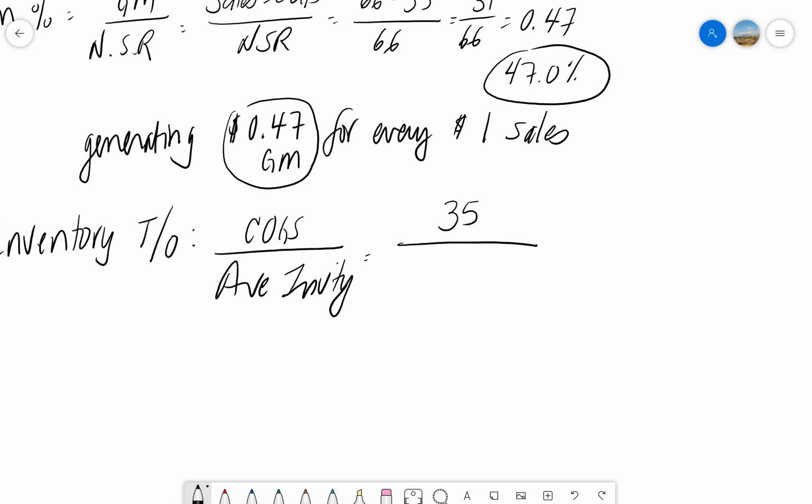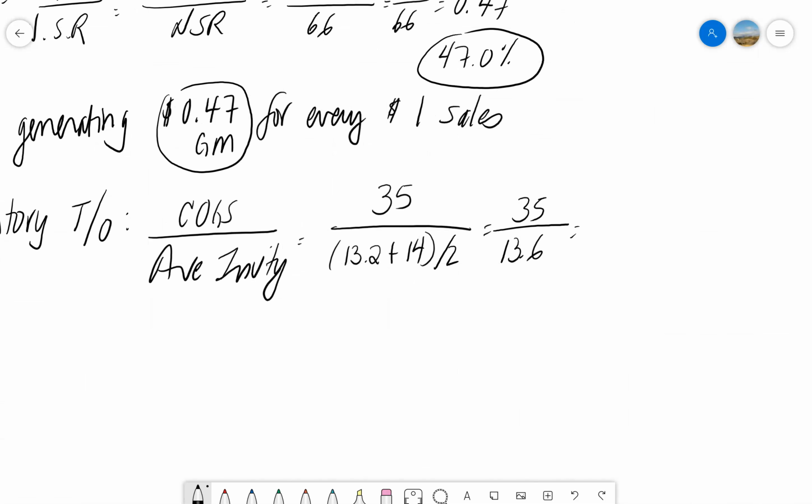Now, in the question, we're given the inventory at the beginning of the year and also the inventory at the end of the year. Now, the beginning of the year inventory is also equal to last year's ending inventory. So last year's ending inventory was 13.2. This year's ending inventory is 14. And that's going to give us our average inventory. So this is going to give us 35 over 13.6.